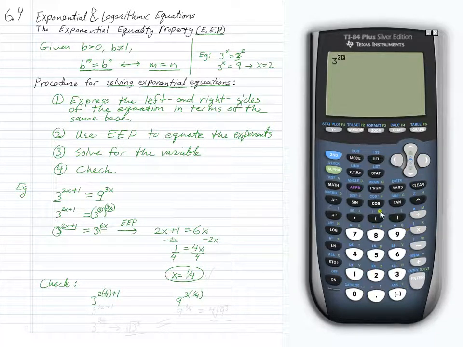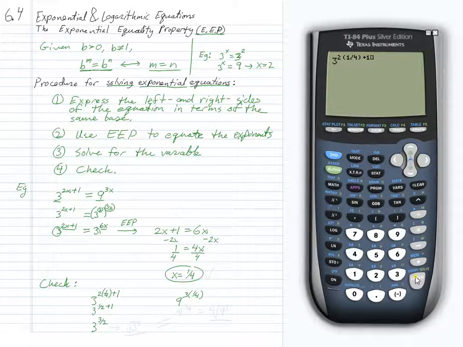And I can simplify the left-hand side's exponent. 2 times 1/4 would be 1/2, so this would yield 3 to the 3/2.